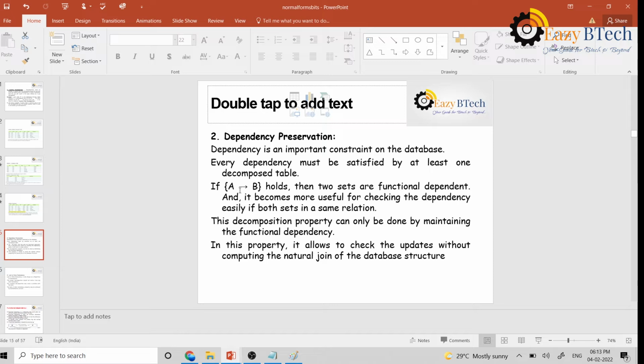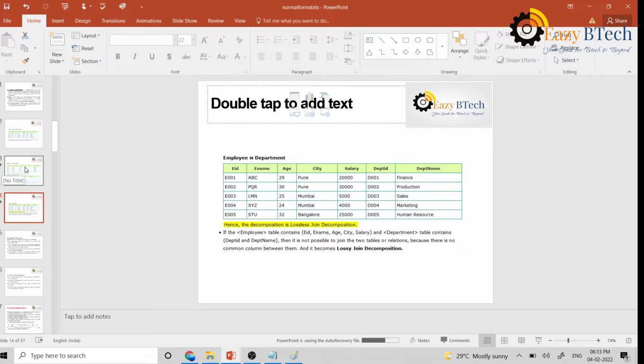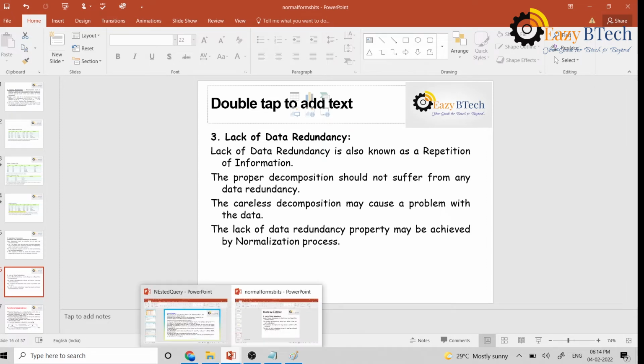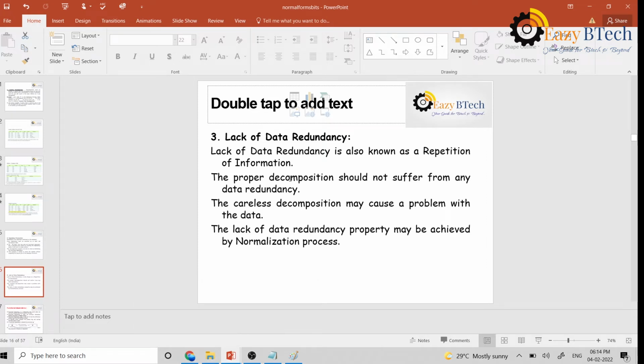If A functionally determines B, when we divide, we have to check dependency preservation. Next is lack of data redundancy. When we divide the data, we have to remove redundancy.